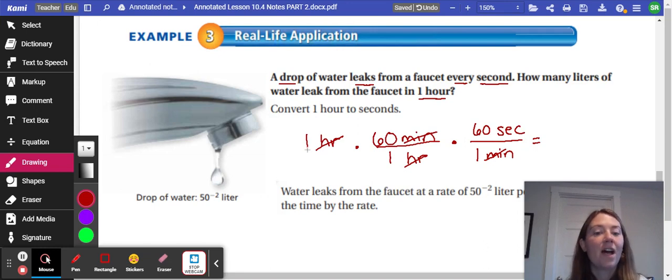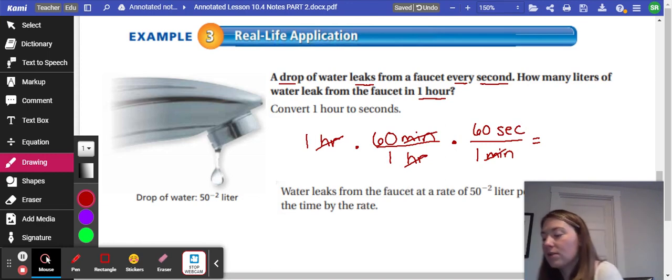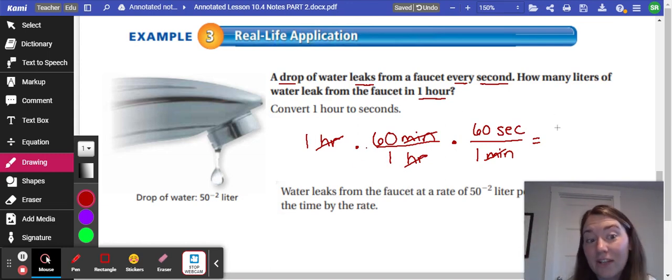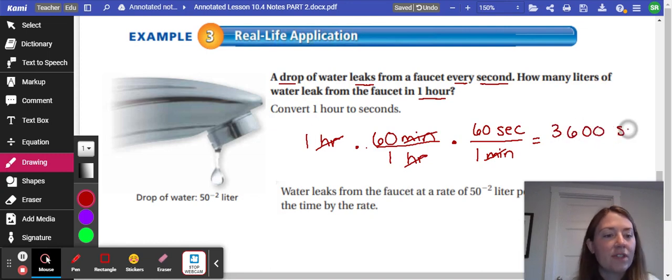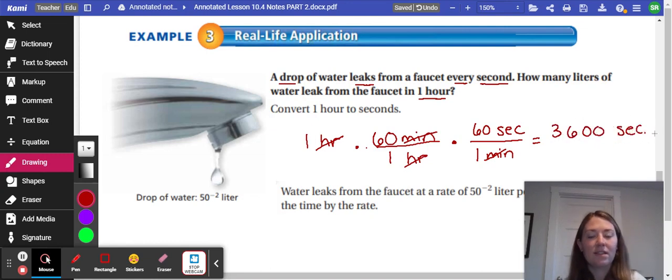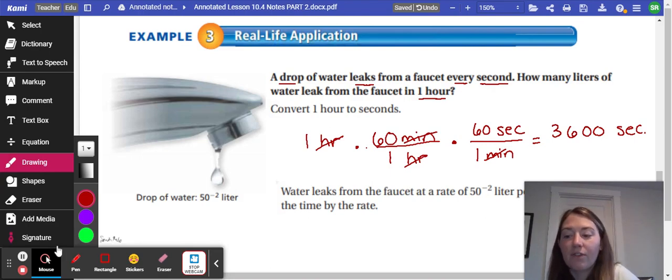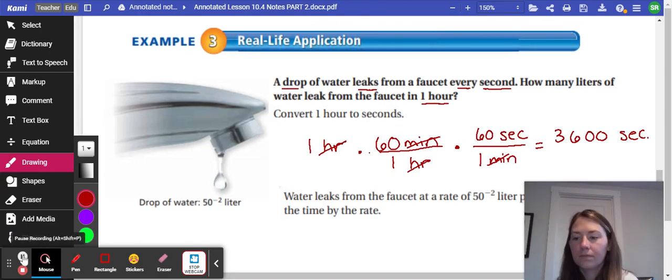So we have on the top 1 times 60 times 60, and on the bottom just 1 times 1. My units will be seconds. All of my other units have canceled out. So you guys can go ahead and do 60 times 60. 6 times 6, add 2 zeros. We get 3,600 seconds. So now we have completed our conversion.